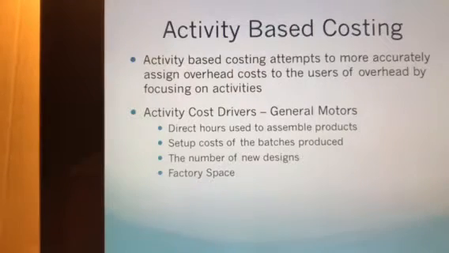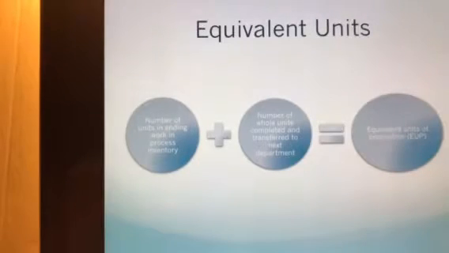So lastly, there's the equivalent units, which is used in process costing. A key idea in process costing is that of the equivalent units of production, which are otherwise known as EUPs. This is a term that refers to the number of units that could have been started and completed given the costs incurred during the period.